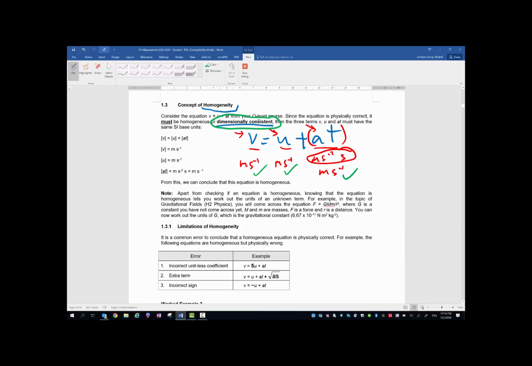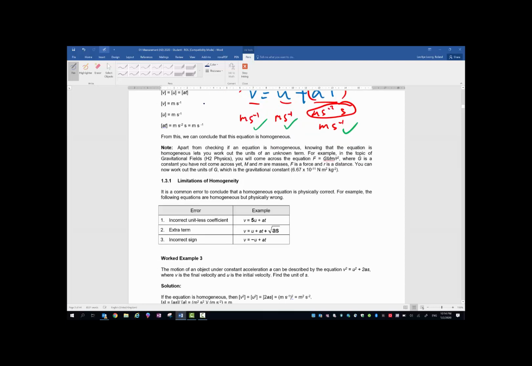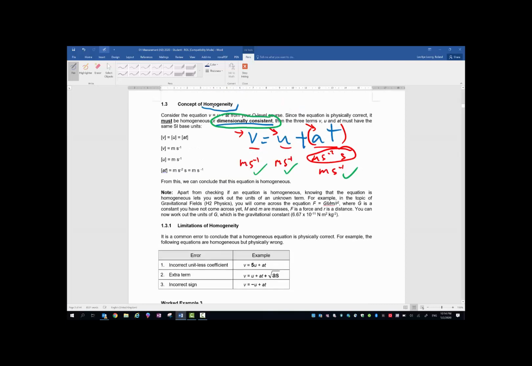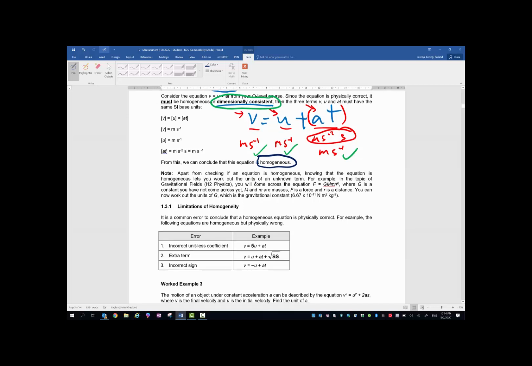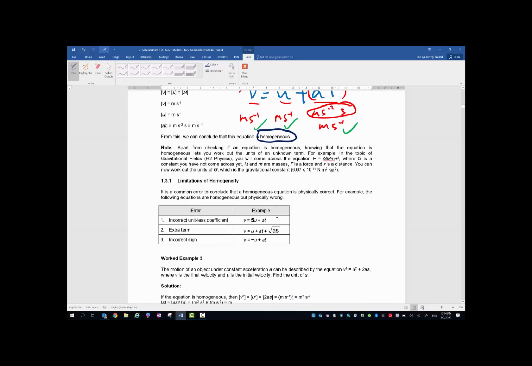I'm sure this one you understand. I do not have to go through it in more detail. Now, just take note that correct and homogeneous are two different things. If all the units are the same, we can conclude that it is homogeneous. But whether it's correct is a different story. For example, look at this equation: v equals 5u plus at.